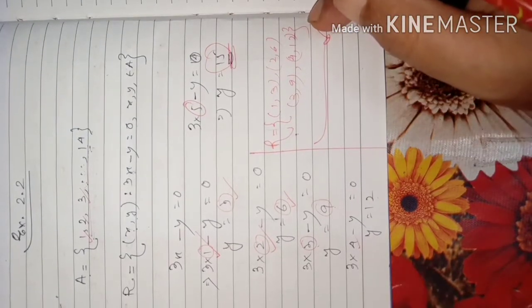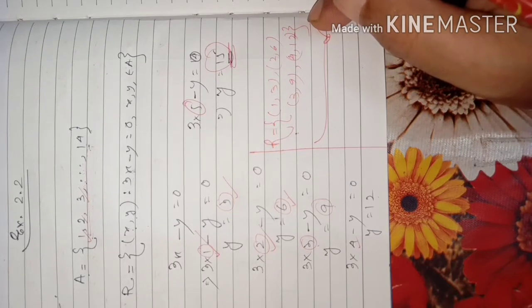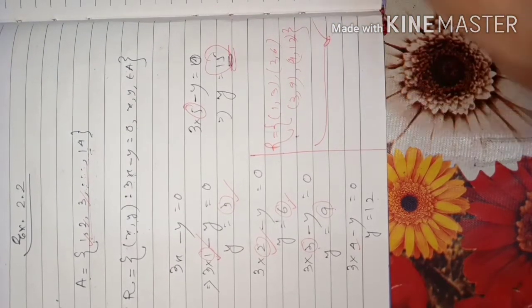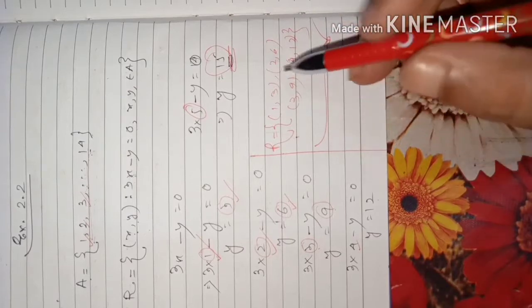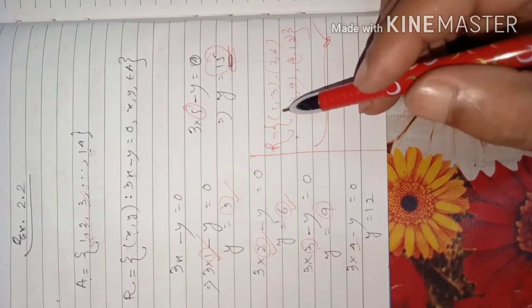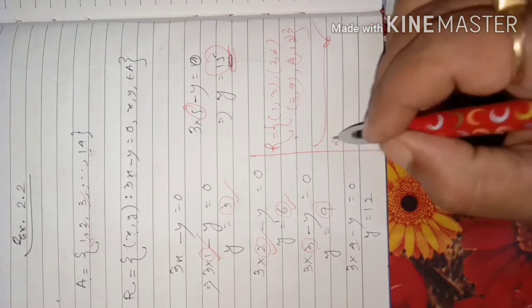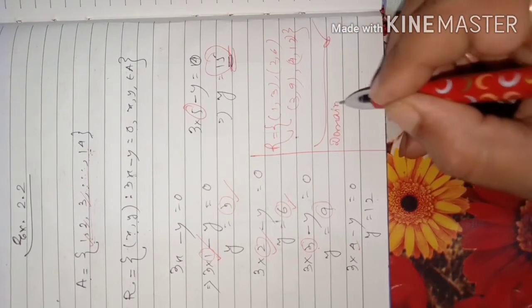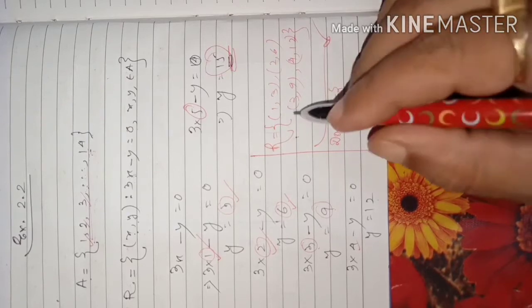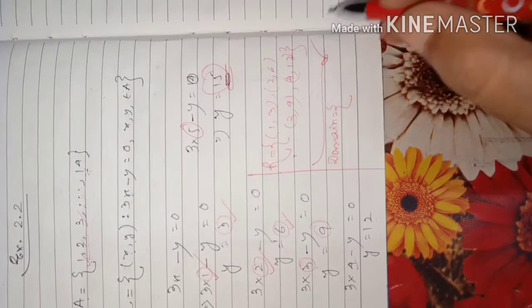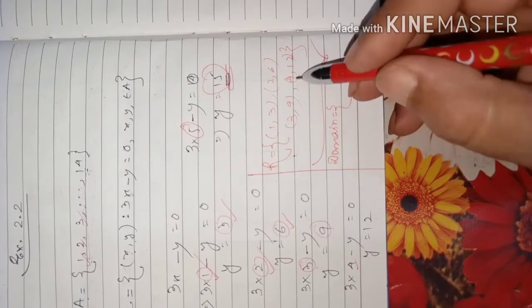You are asked to write down its domain, codomain and range. Yesterday I told you in that video that the domain is the set of first elements of the ordered pairs. So what is the domain? Domain is equal to, in curly brackets because you are writing as a set, {1, 2, 3, 4}.